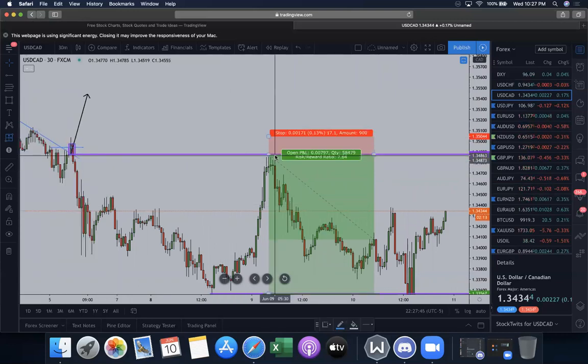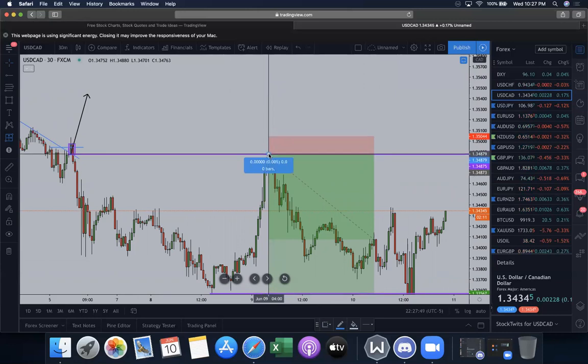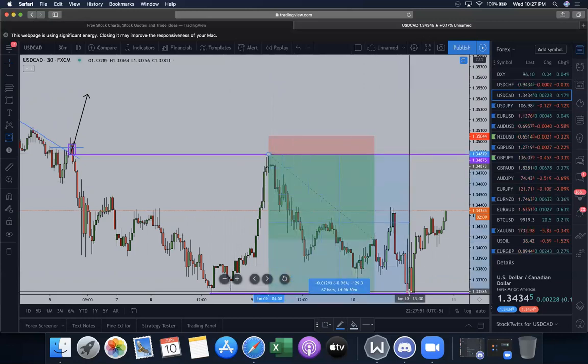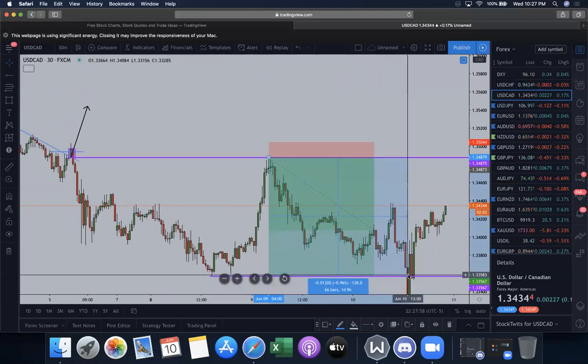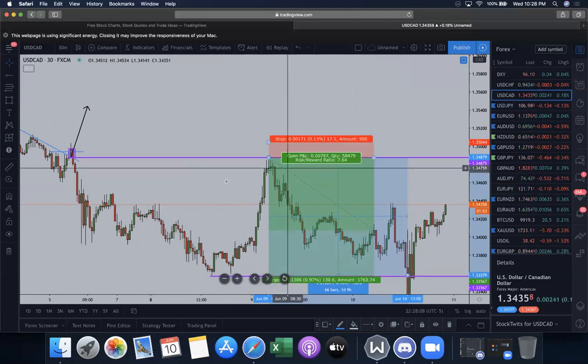This trade would have been an entry here. Take profit would have got hit in 1 day, 9 hours for 130 pips. So if holding a trade for a day is a swing trade to you, then I guess that's the swing trade. To me, that's more of a day trade. 130 pips is not that much, but just showing you that's your entry.